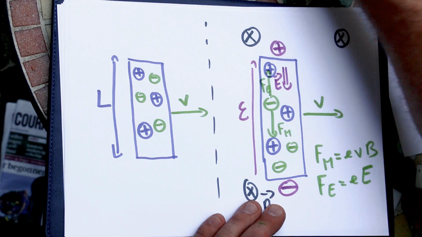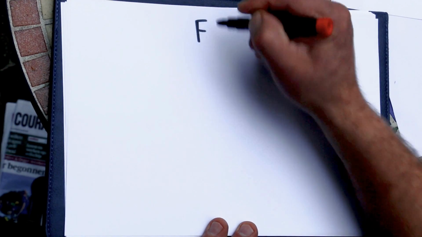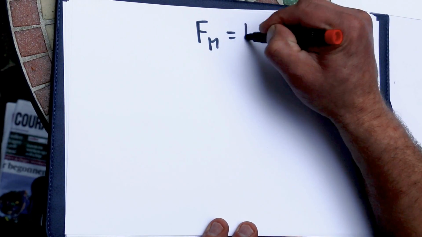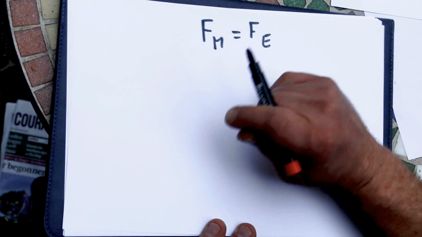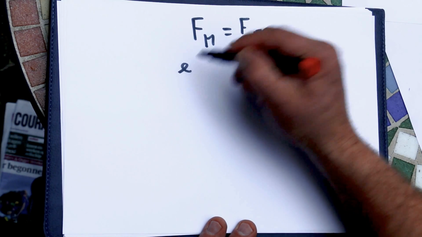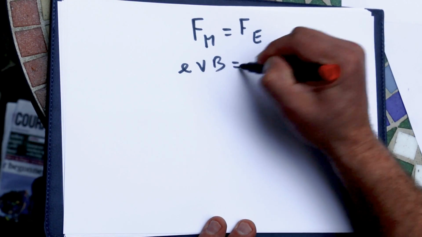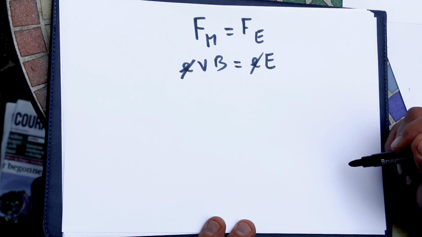When this occurs, you will have the magnetic force equal to the electric force. Everything will have stabilized within the bar. So I can replace it by the expressions and get rid of e.